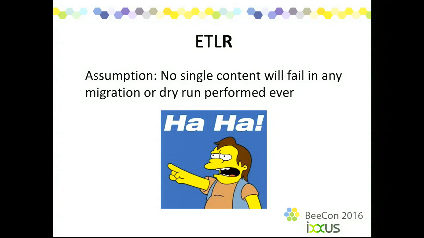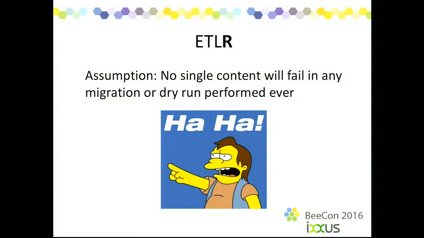Everything is going to be perfect. And this, of course, is something that is not going to happen, right? It's very difficult to plan ahead all the cases that you have for your data and code it properly.